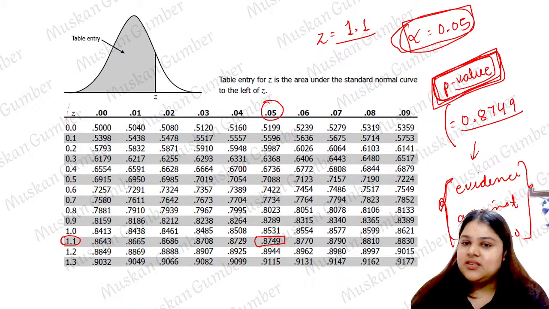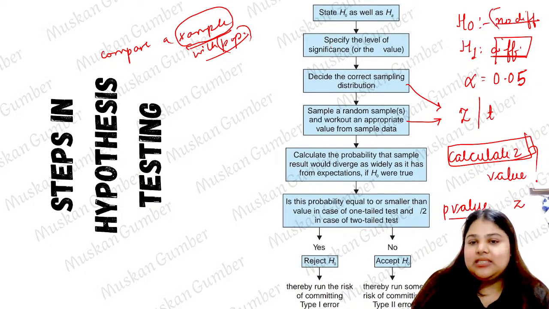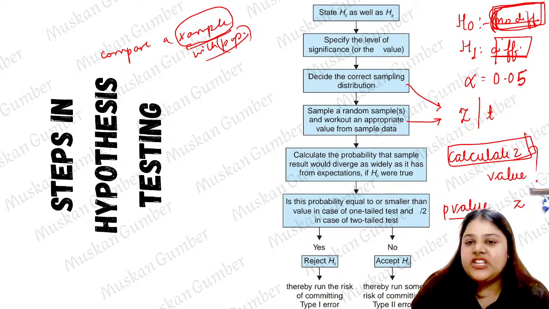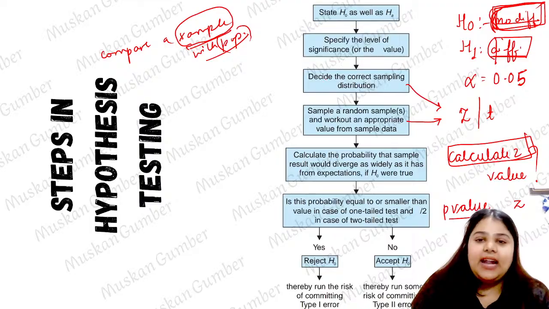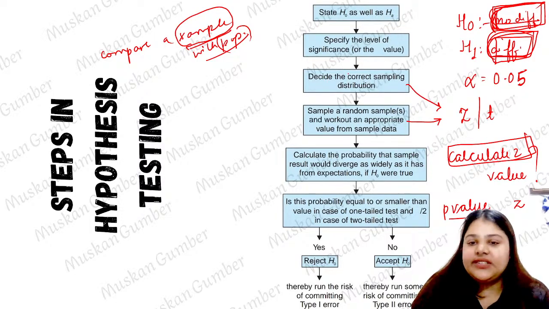Clear? For example, when we took this null hypothesis of BP, that the patient will have BP similar to everybody averagely in the population, and my alternate hypothesis was saying that there will be a difference.